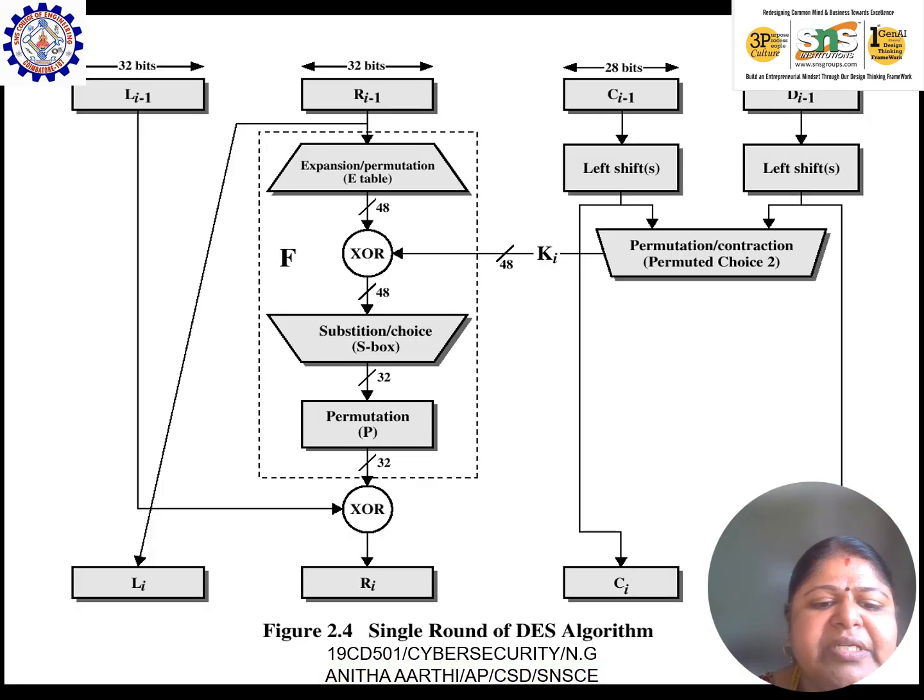This is the single-round DES algorithm block diagram, which uses 32 bits of plain text and 28 bits of key, resulting in ciphertext of 32 bits.